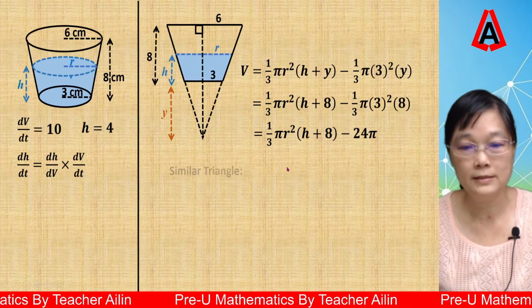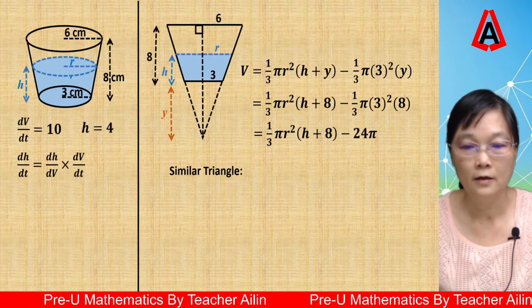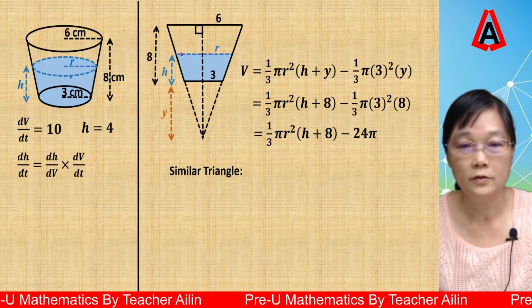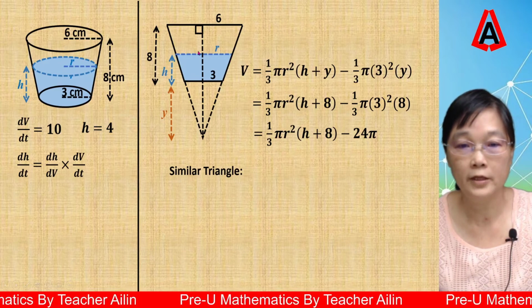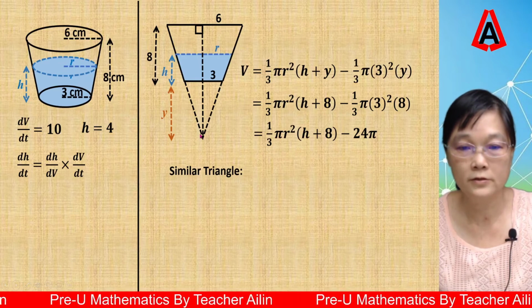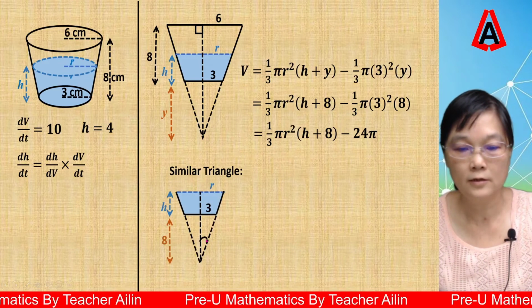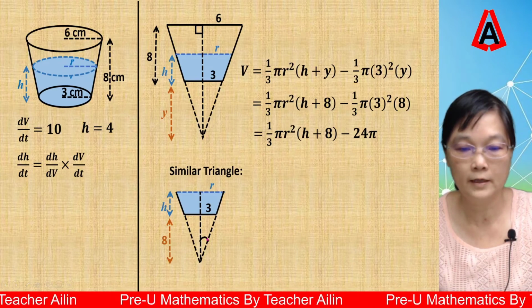To do this, same thing, I'm going to use the concept of similar triangles. But this time, I'm going to use the triangle involving the water and the smallest triangle. I'm going to use this common angle to do the calculation.